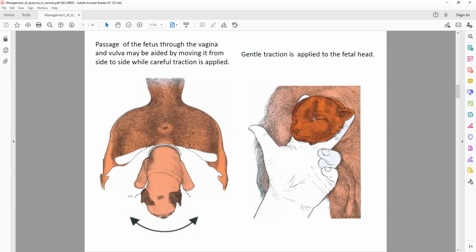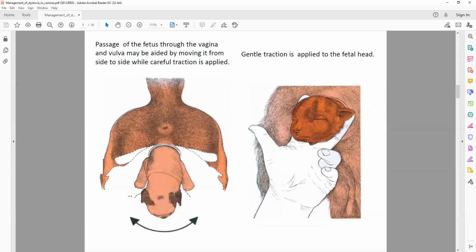In normal condition the forelimbs should be guarding the head, so that while passing through the vaginal canal the neck is not subjected to heavy pressure, because both legs are guarding it side by side. But here the forelimbs are flexed, so they are not available to guard it. Therefore you have to put your finger side by side the neck, and then you can apply simple traction.